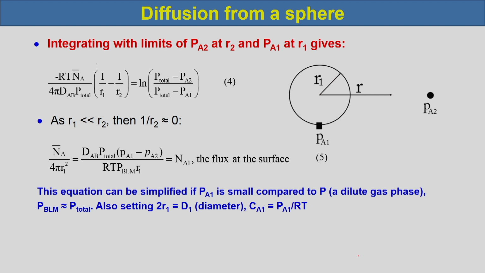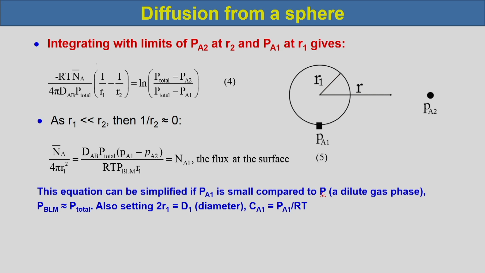Now, these equations can be simplified if PA1 is small compared to the total pressure PT, since it is a dilute gas phase, then PBLM would be approximately equal to P total.